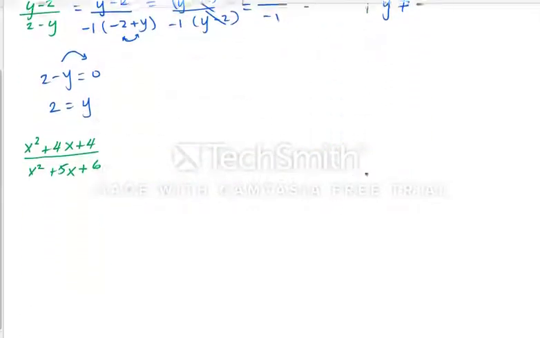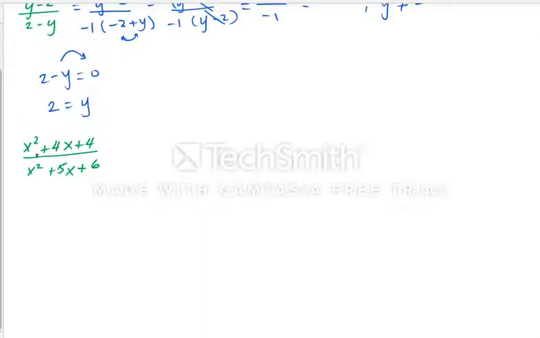And I think we have one more example. Let's see. Okay, yeah, that's the last one. So let's factor out this first expression. Here we're looking for two numbers that would multiply to positive 4 and add to positive 4. So it is plus 2 and plus 2. And on the bottom, we're looking for two numbers that multiply to positive 6 and add to plus 5.